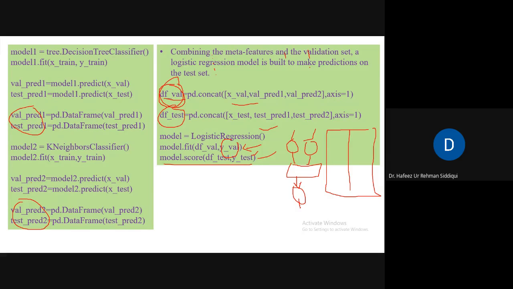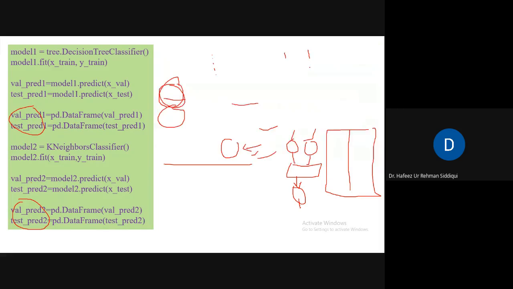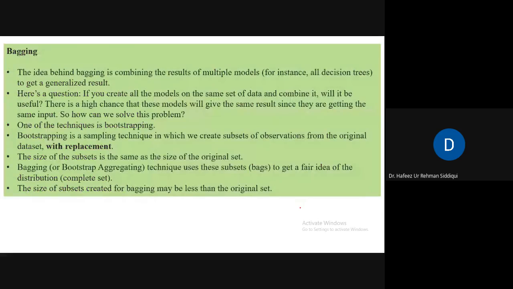The simple ones were max voting, averaging, and weighted voting. In the complex algorithms, we have gone through stacking and blending, and next is bagging.